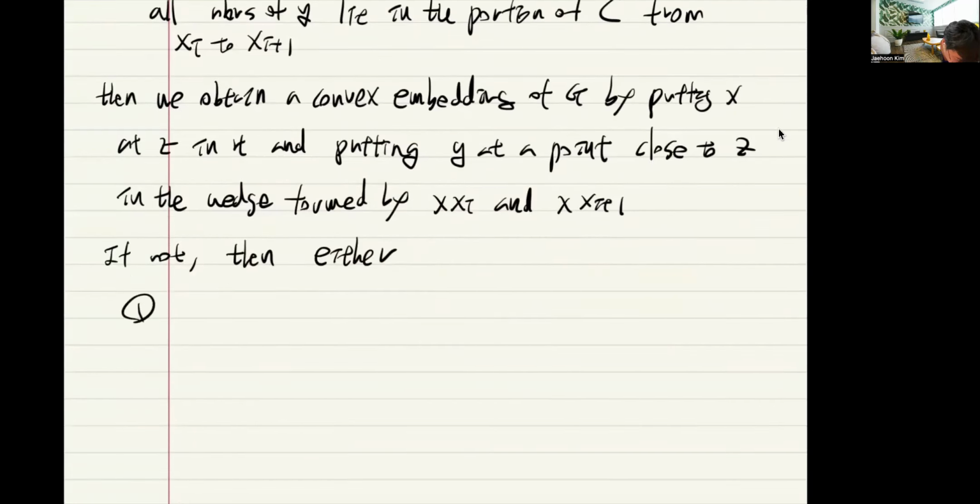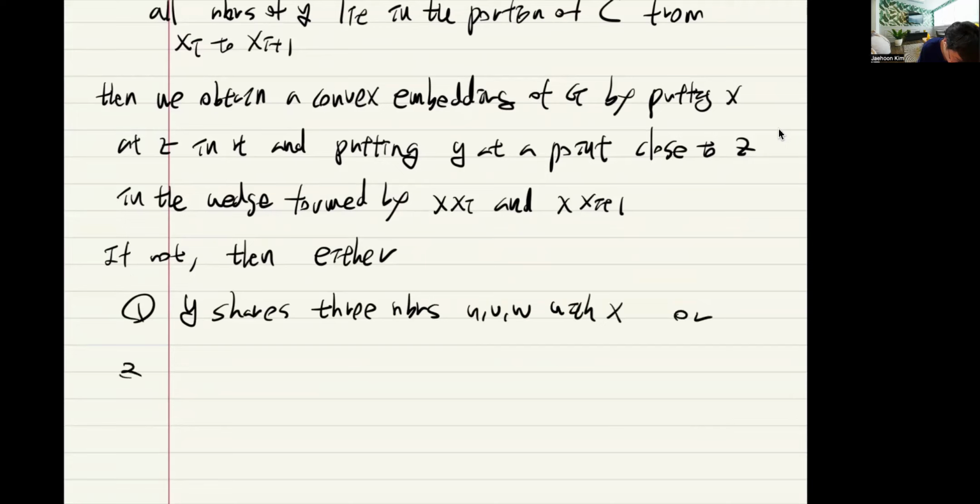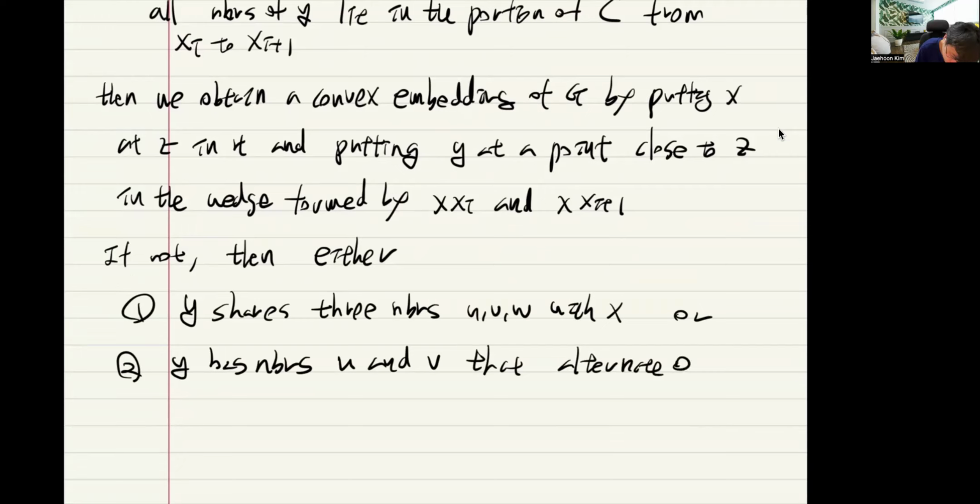Either y shares three neighbors u, b, w with x, or y has neighbors u and b that alternate on C with neighbors xi and xi plus 1 of x.